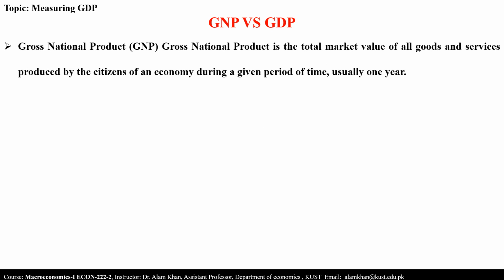The other point that we discussed, GNP versus GDP. As we know, GNP stands for Gross National Product. It is the market value of all the goods and services produced by the citizens of an economy during a given period of time, normally 1 year.